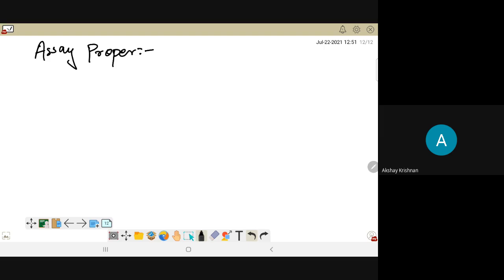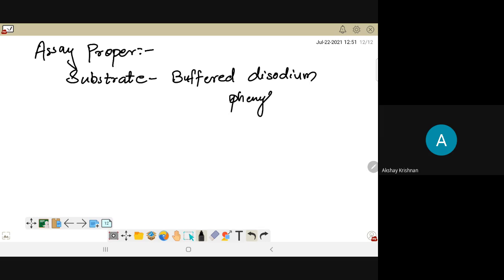Let me tell you that for assay proper, the substrate is basically buffered disodium phenyl phosphate. This is going to be your substrate. Okay, now this has a concentration of 0.01 normal. So it's 0.01 normal buffered disodium phenyl phosphate.